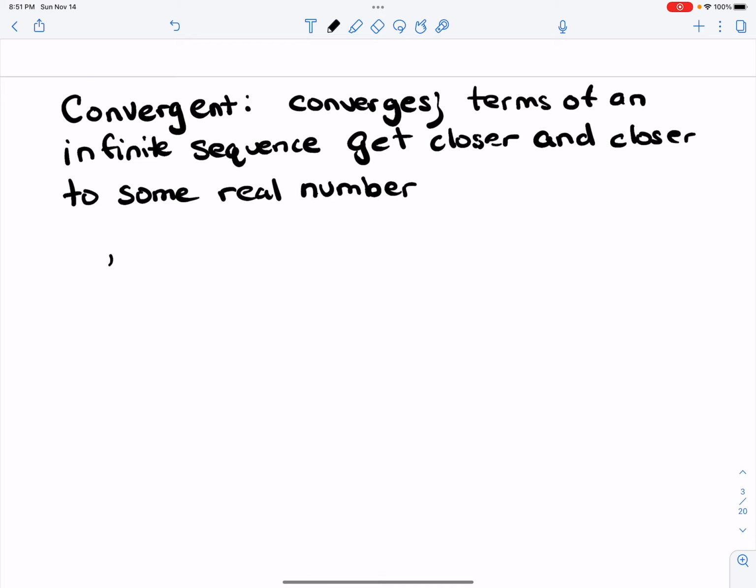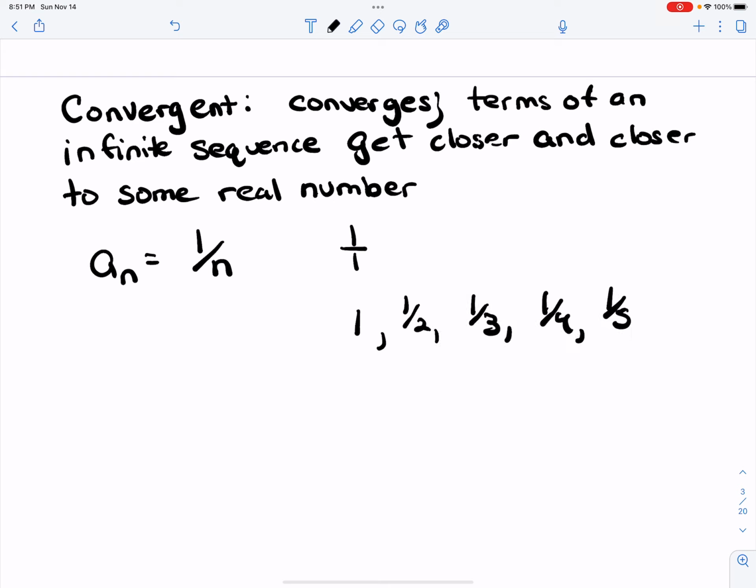So an example, a sub n equals 1 over n. Well, if you start with n equals 1, you're going to have 1 over 1, or 1. Then you have 1/2, 1/3, 1/4, 1/5, etc. This particular sequence, as n gets bigger and bigger, it never actually reaches 0, but it gets closer and closer to 0.